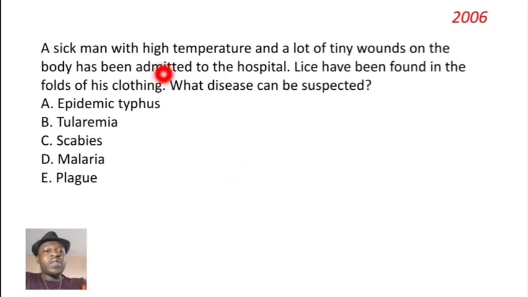A sick man with high temperature and lots of tiny wounds on the body has been admitted to the hospital. Think, what's the disease? What's the causative agent? And what's the carrier? And how does it get into the body?